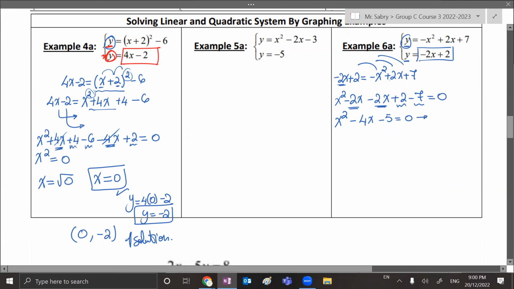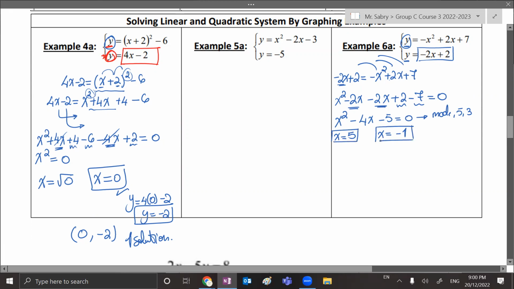So I have to solve this using the calculator. And I'll go for mode 5-3. Mode 5-3 will give me both x values. X will be equal to positive 5 and negative 1. So 2 x values here.